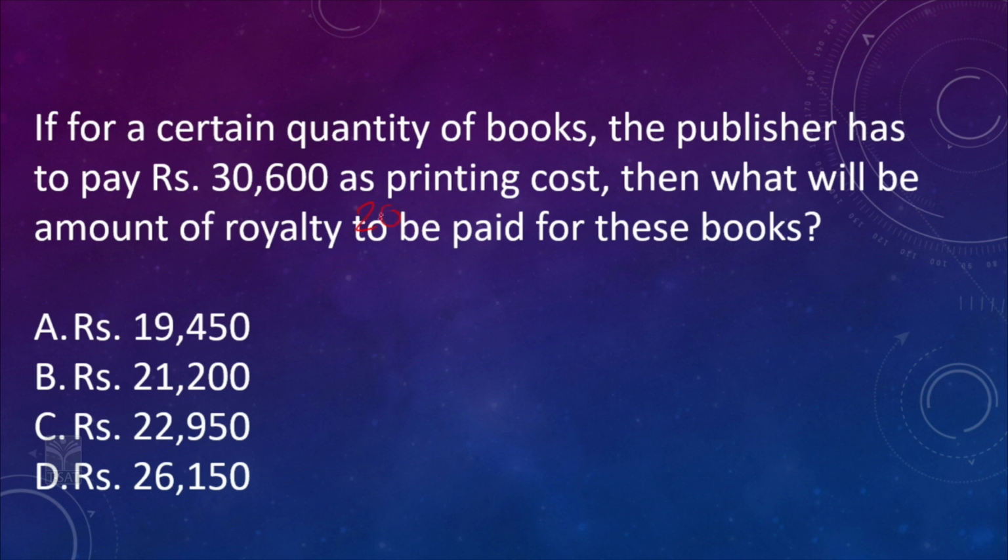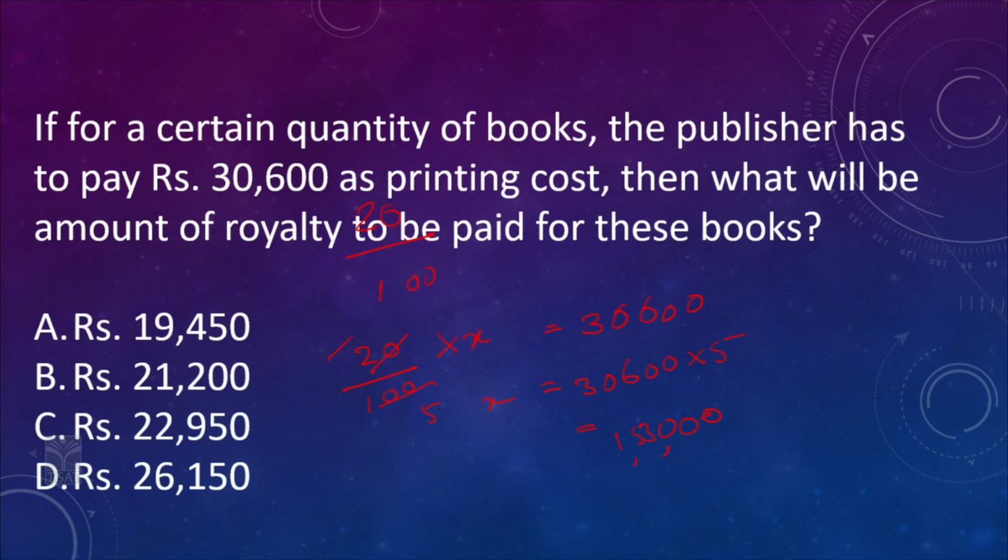Means 20 by 100 into x is equal to 30,600, correct? 20 by 100 means nothing but one-fifth. So x is equal to 30,600 multiplied with 5, which is 1,53,000. Okay, the total cost.